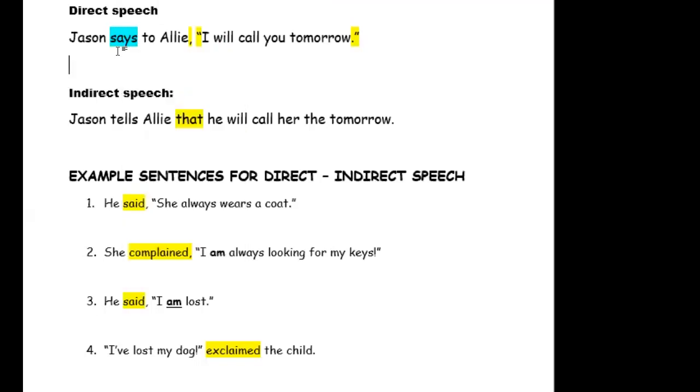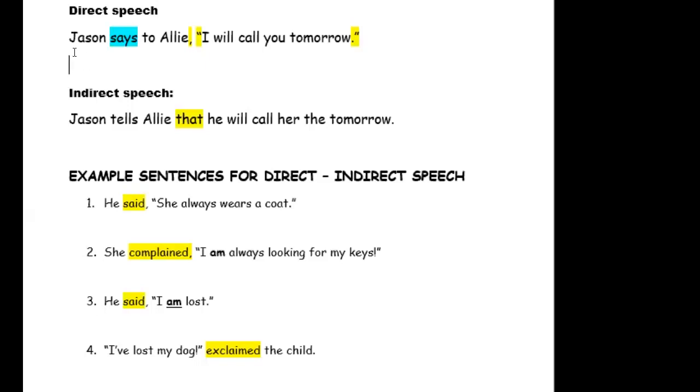So what is the introductory verb, and how do I find it? The introductory verb always comes before the quotation marks. The quotation marks are these little guys that enclose what someone has said, like bunny ears. Introductory verbs would be like says, explained, commented, asked, all of those verbs that explain what the subject, Jason, is doing.